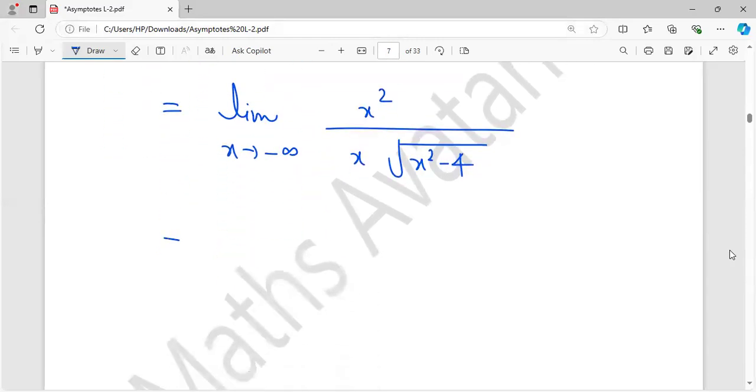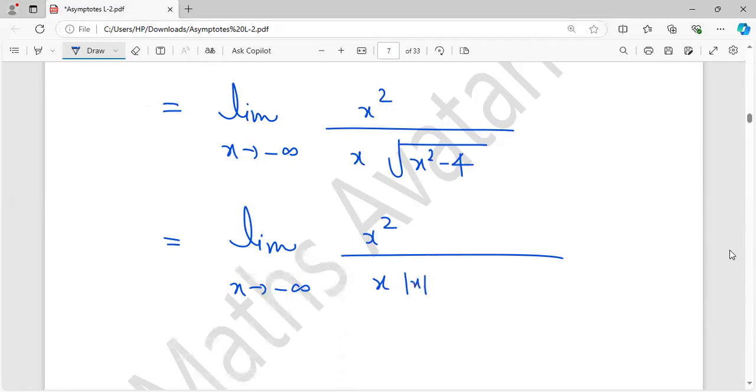So what is this? This is limit x square x. You take this common. So this will be mod x. So this cancels out.